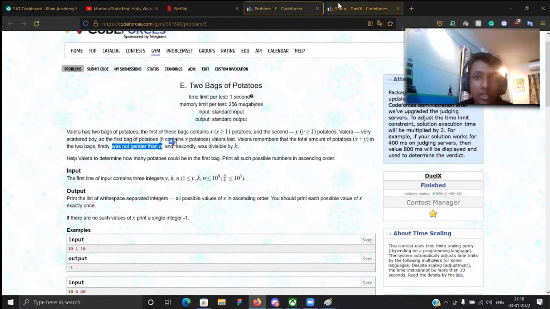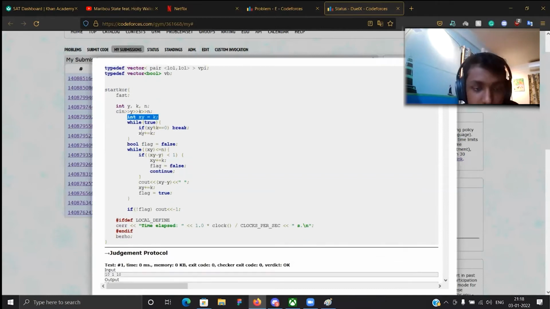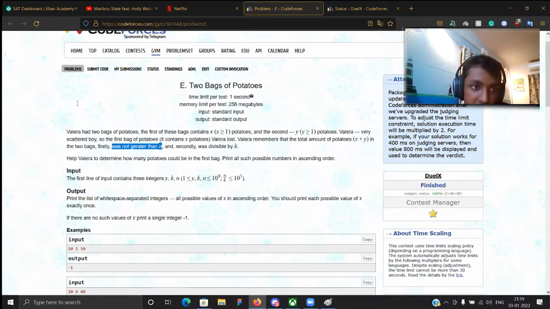Mind that. So in my submission, as you can see, what I'm trying to do here is find the first multiple that is possible. I'm setting xy equal to k, and k is in my case 6.